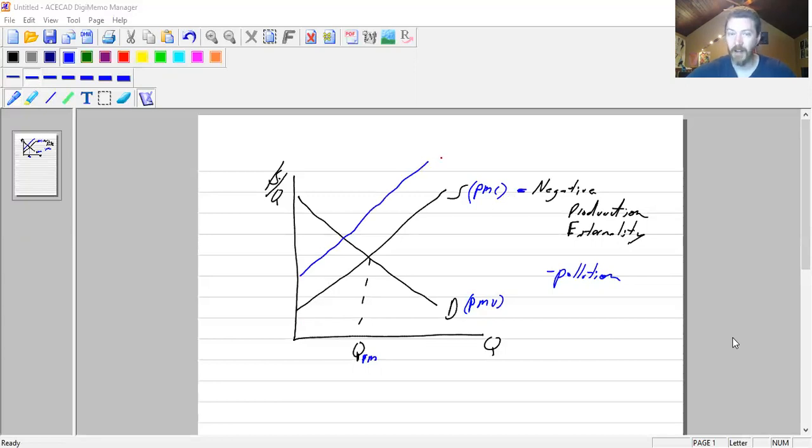This curve will become not private marginal cost, but total marginal cost, or we'll call it social marginal cost. Social marginal cost. And the distance between these two marginal cost curves is just simply the amount of the external cost.